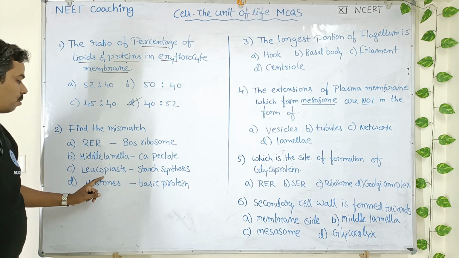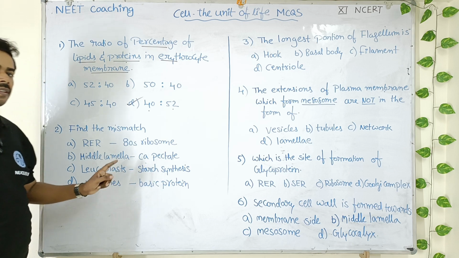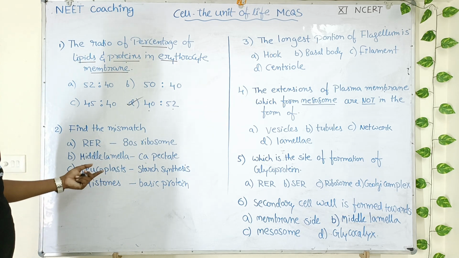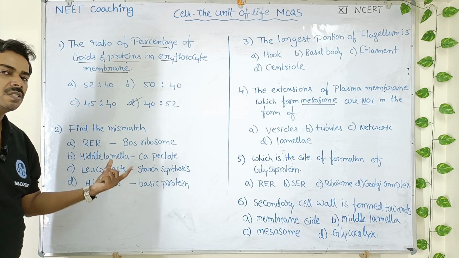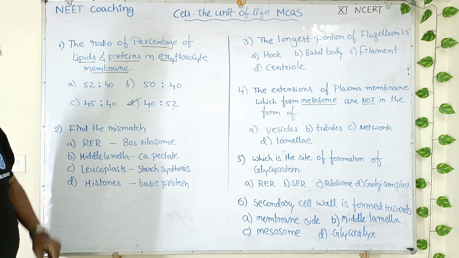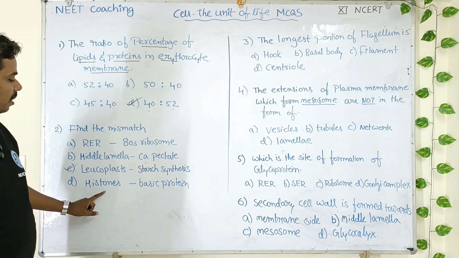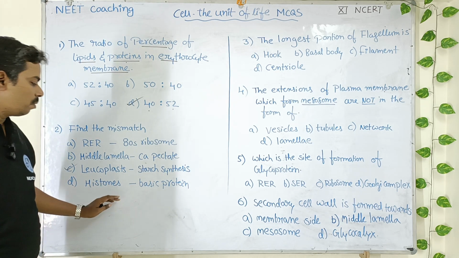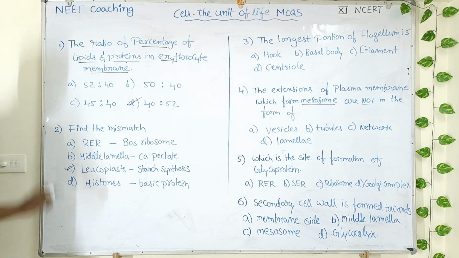Look here students, leucoplast does not carry out starch synthesis. Only chloroplast can synthesize starch. There are leucoplasts called amyloplasts which can store starch but not synthesize starch. So C is the mismatch. Histone proteins, basic protein. Histone proteins are basic in nature. This is also a correct match. So the correct option is C.